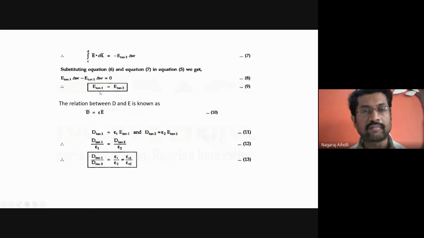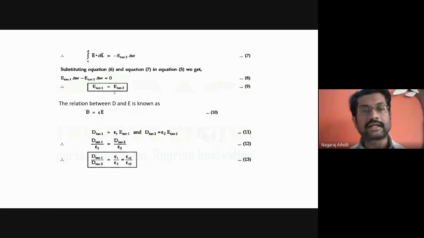The tangential component of electric field intensity in region 1 is equal to the tangential component of electric field intensity in region 2. The conclusion that I can draw from this equation is that the electric field intensity is continuous at the boundary between two perfect dielectrics.